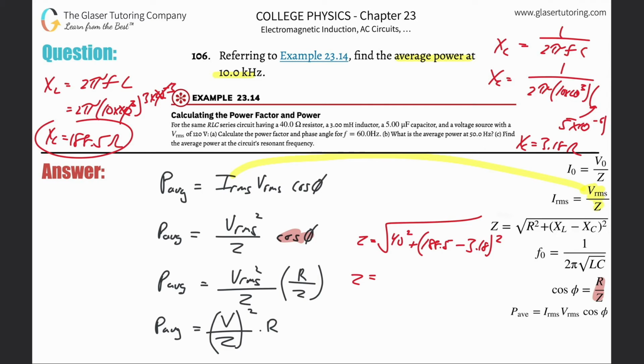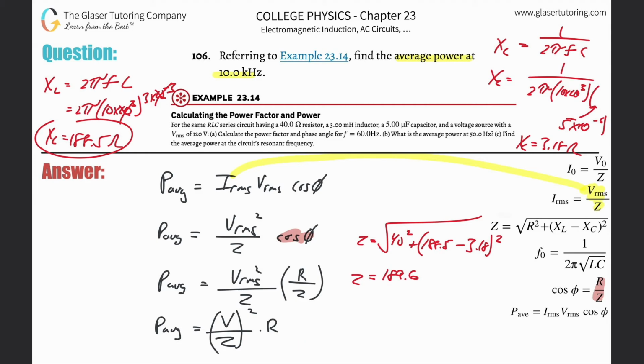So this is the square root of 40 squared plus, in parentheses, the exact answer 188.49 and so on, minus the exact answer 3.18 and so on, close the parentheses and square it. We get a Z value of about 189.6.